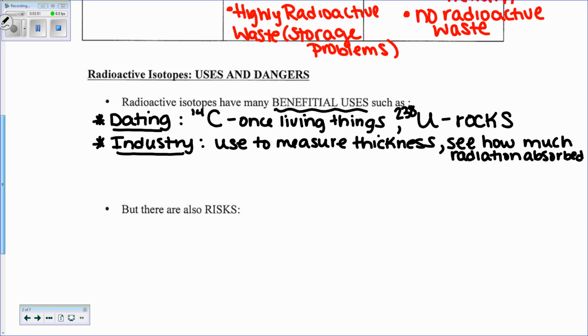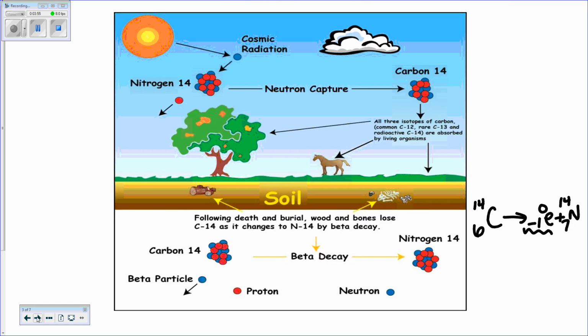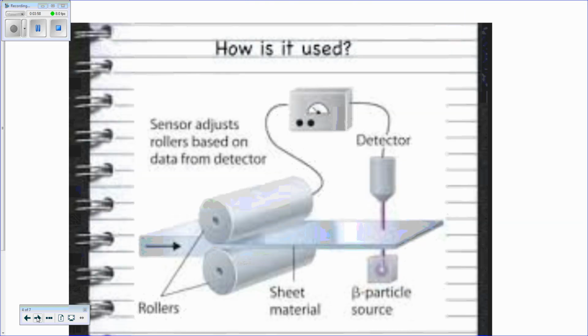One process that you might not be familiar with, but you're familiar with the product: my picture's a little fuzzy, but what I'm looking at here is basically making aluminum foil. Sorry if it's blurry for you, but we send the aluminum foil through these rollers.